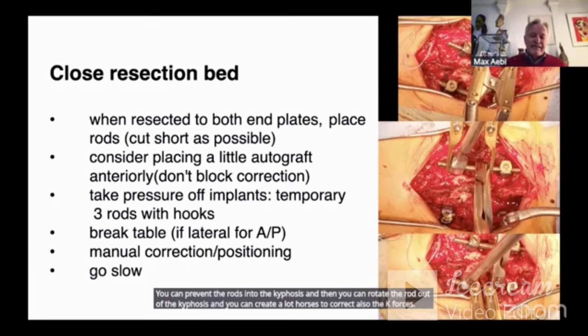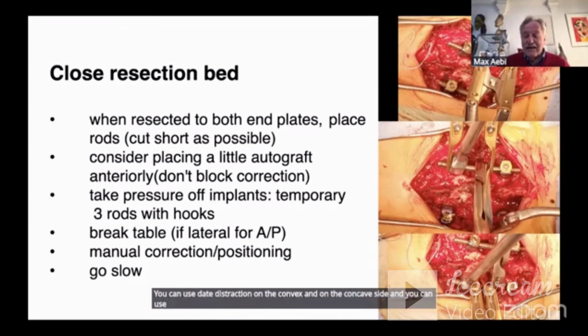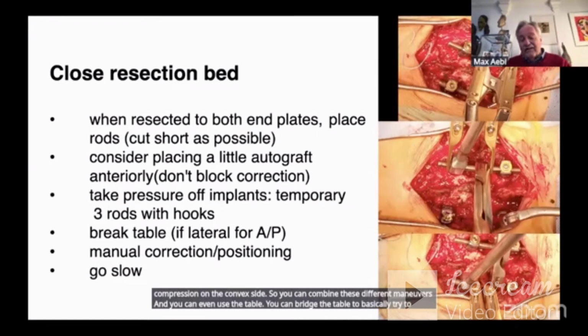You can use distraction on the concave side, and you can use compression on the convex side. So you can combine these different maneuvers, and you can even use the table. You can break the table to try to correct specifically when it is kyphotic. You can correct the kyphosis by bending the table.